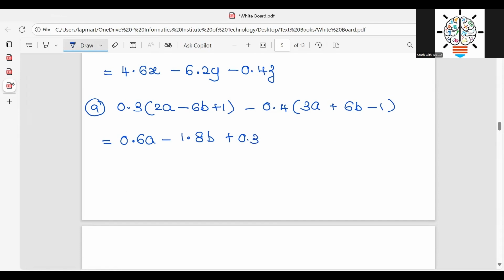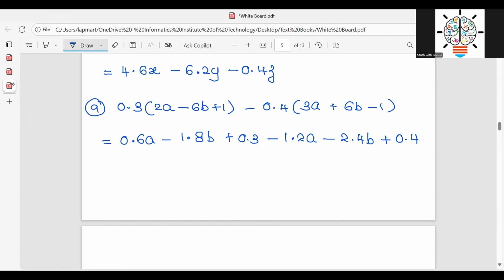How does that become? 0.3 times 6, 1.8 now. So then here 1.2a minus 2.4b plus 0.4, right? So hope it is clear.